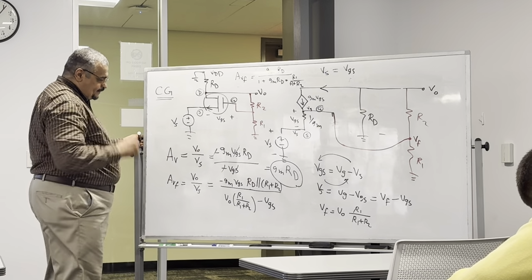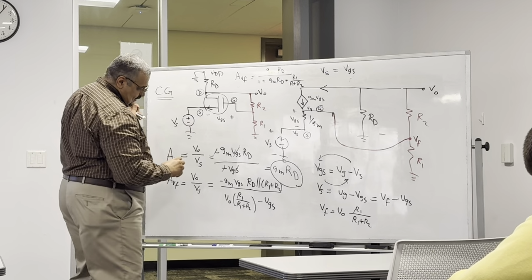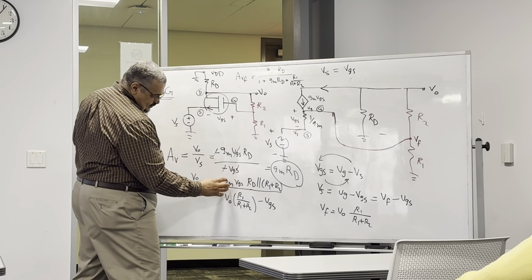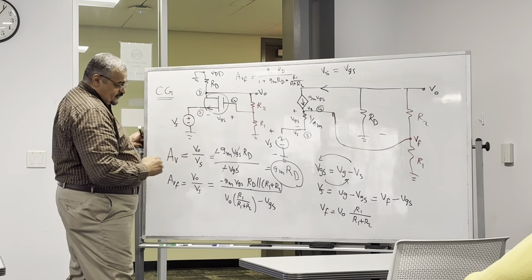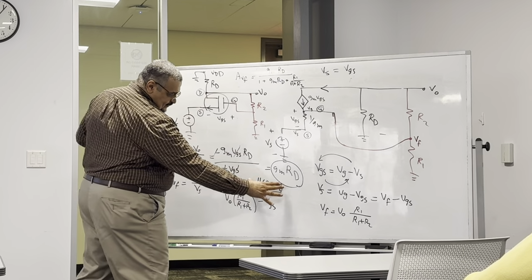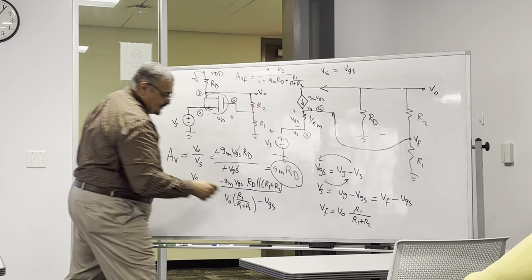Oh, yeah. Okay, that's correct. Let's just remove this and put this. Agree? Yes. So if I remove this, this is V out, right? So if I remove this and put this, you're going to get something like this.